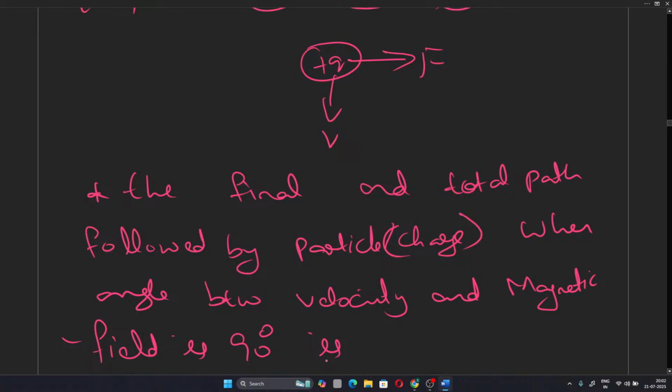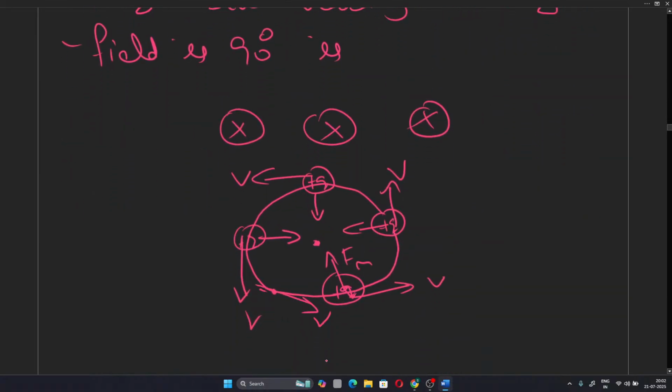This is the motion of a particle where the direction of velocity and magnetic field are perpendicular.